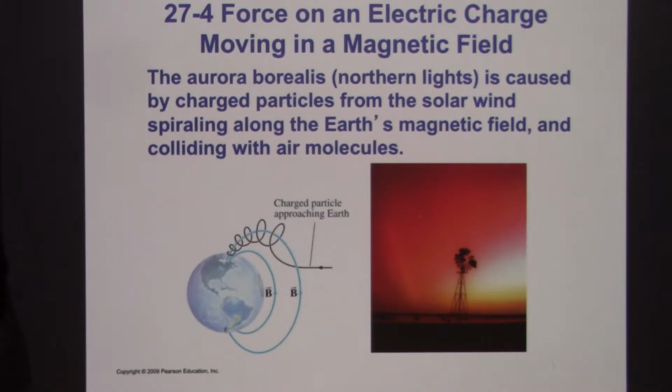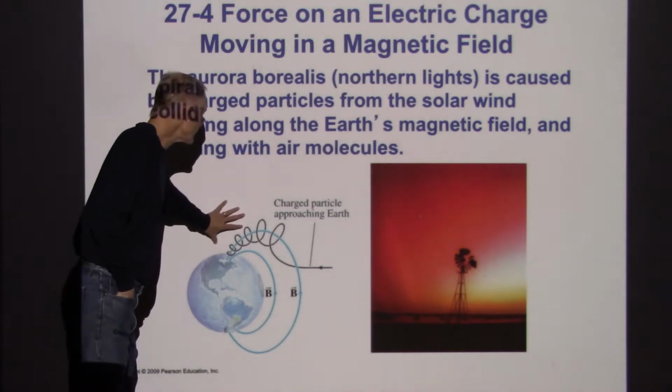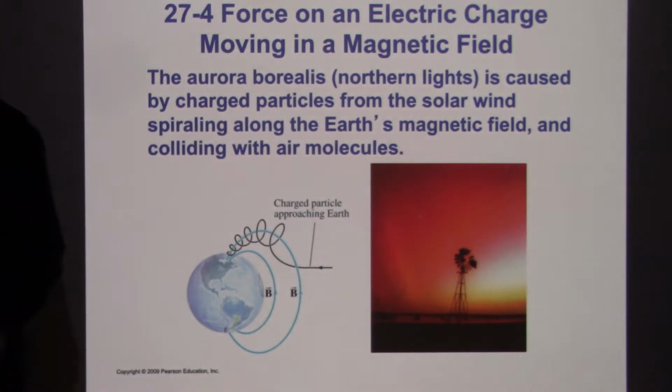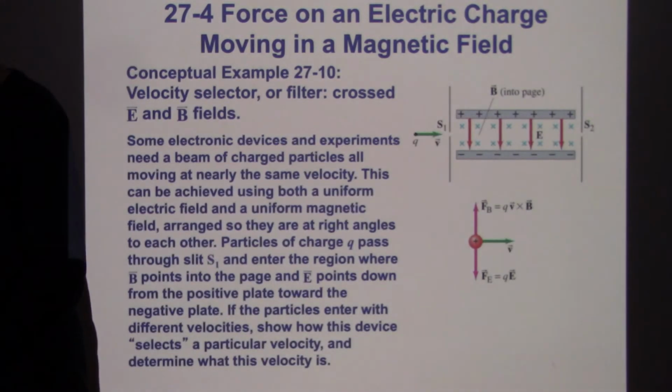So neutrons that could possibly be coming off of the sun aren't going fast enough to reach Earth in 15 minutes. They decay before they get here. So that's a good thing too. We don't want to be exposed to a bunch of neutrons coming in from the sun. Anyway, interesting application of magnetic forces.